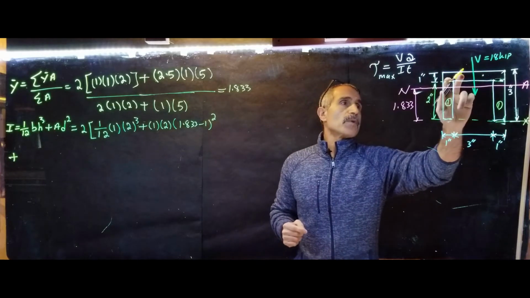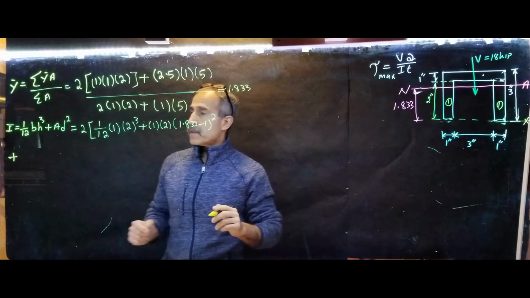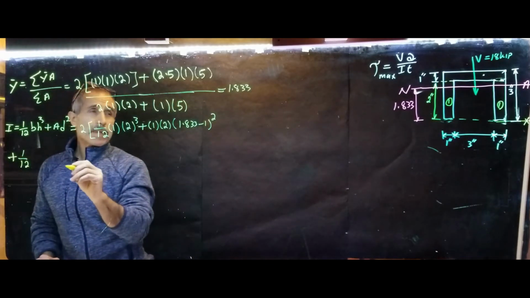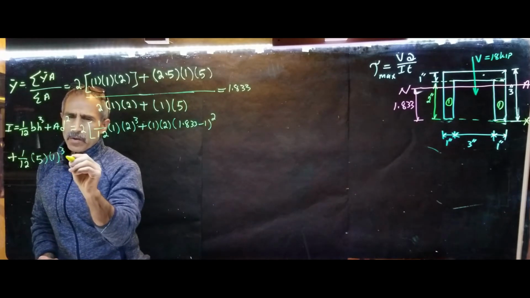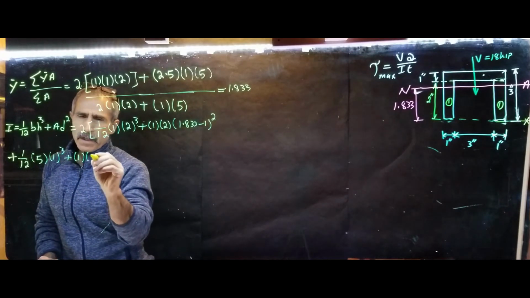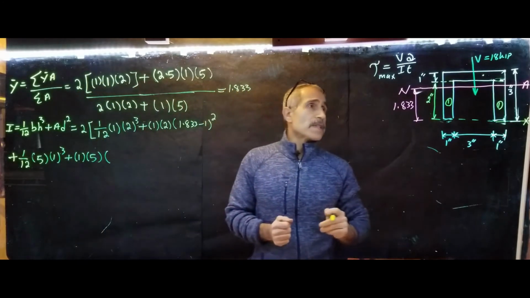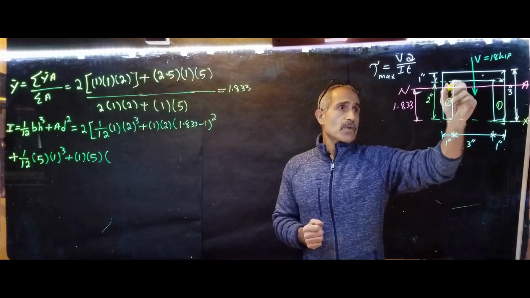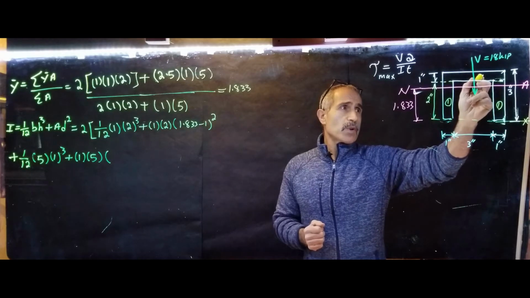And then the next shape will be up here, and that will be 1/12. B is 5, H is 1 cubed, plus 1 times 5, and let's figure D out. The center of this shape is 2, and if you add 1 divided by half, it'd be 2.5, right? 2.5.